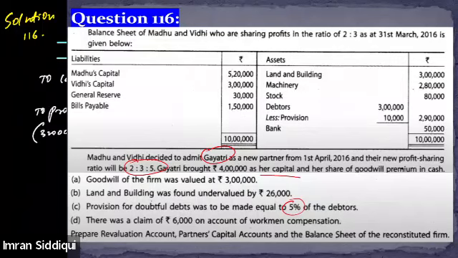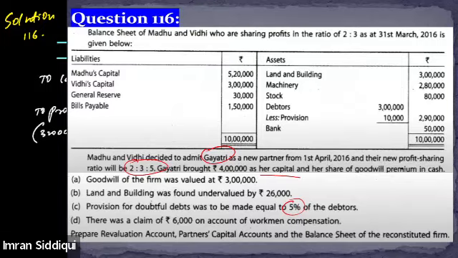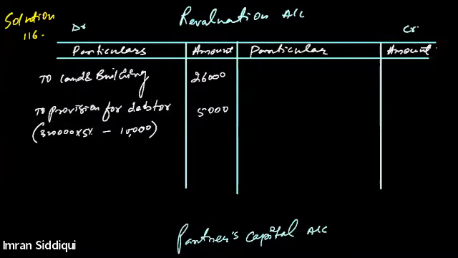The last item says that there was a claim of 6,000 on account of workman compensation claim. Tell me, what do we need to do with the workman compensation? Workman compensation is a loss. Since there is a claim of rupees 6,000, and since it is a loss, we'll go to the revaluation account again and write down to workman compensation claim.